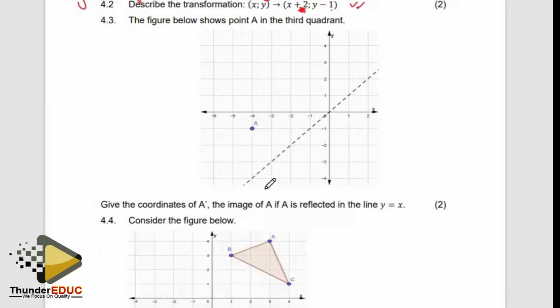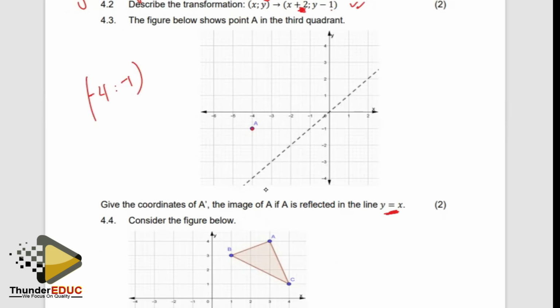Then 4.3. The figure below shows point A in the 3rd quadrant. Okay. Give the coordinates of the image of A if it's reflected in this point. So what happens is that there are 2 ways of doing this. The coordinates are -4 and -1.